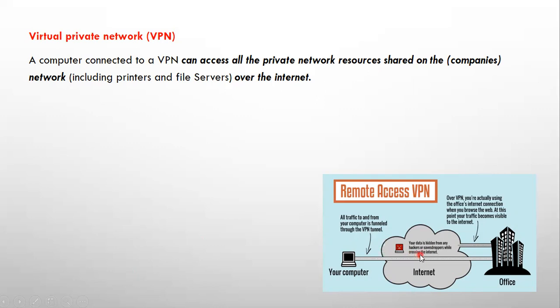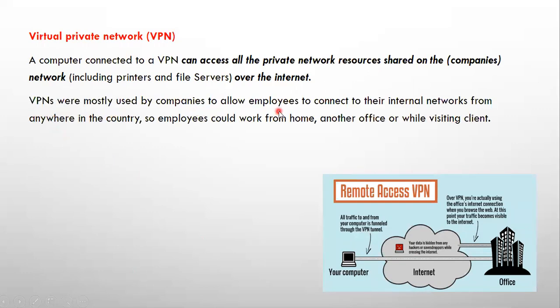So your data is hidden from any hackers or eavesdroppers while crossing the network. A virtual private network ensures that your access to data remains private, so there's no eavesdropping.